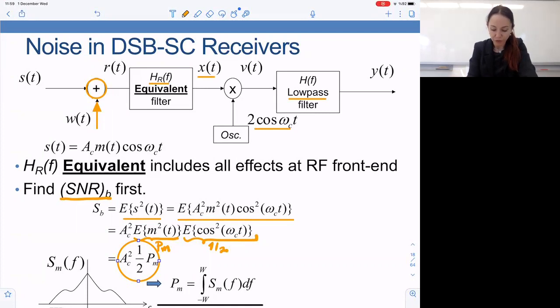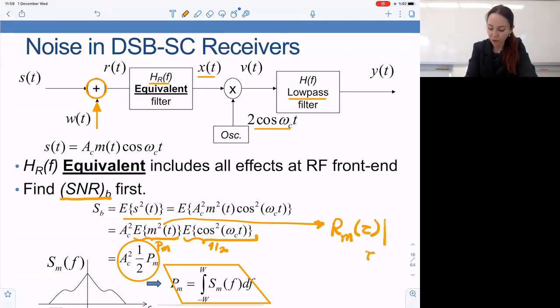Alternatively, you can think of it as integrating the power spectral density. Not alternatively, actually. How do you find P_M? Here, essentially we use the expectation of m squared, which is R_m(τ) at τ equals 0.